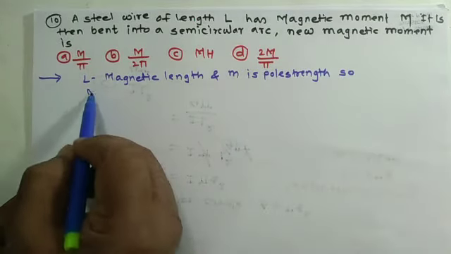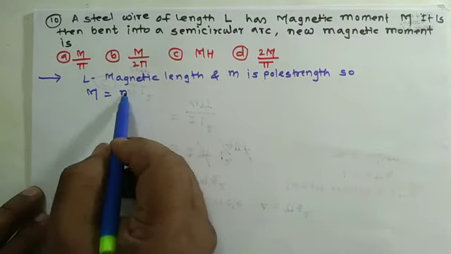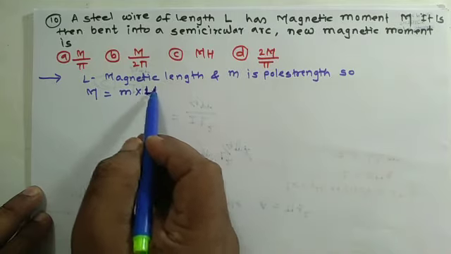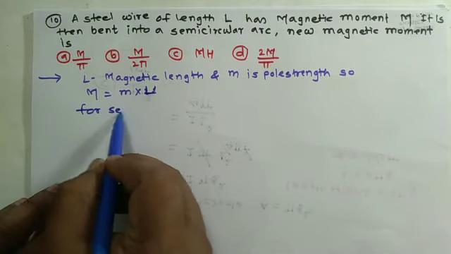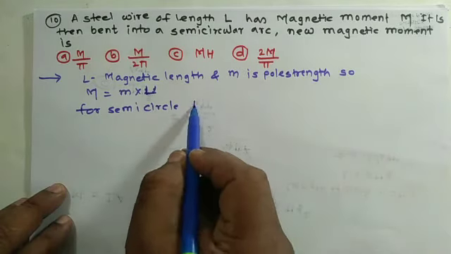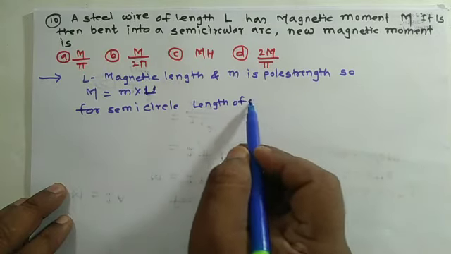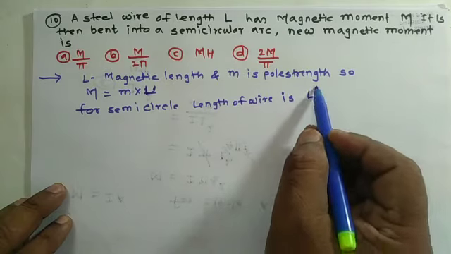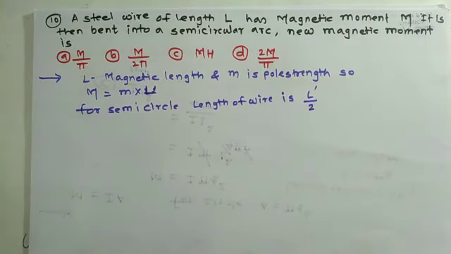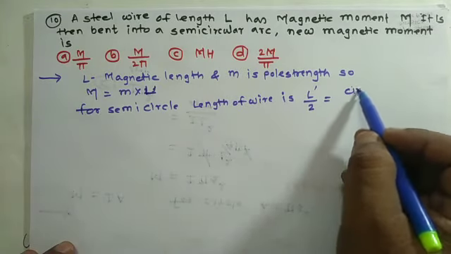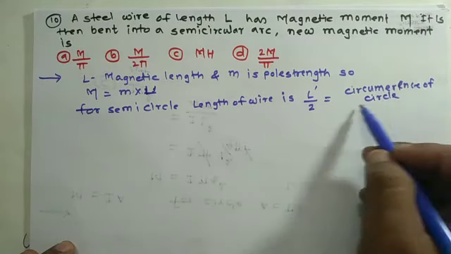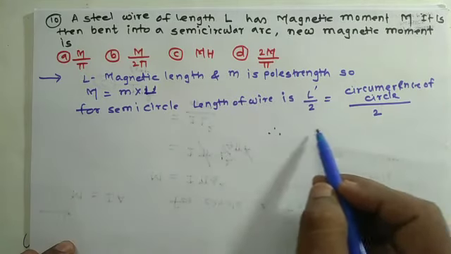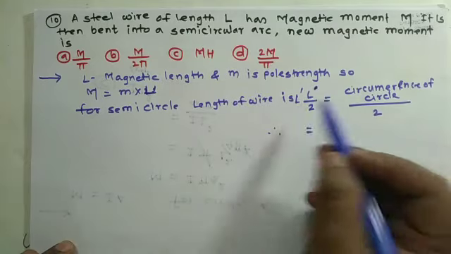So the magnetic moment for a steel wire will be M multiplied by L. But when this wire of length L is bent into a semicircle, the length of wire is L dash upon 2, because length is the circumference of the circle upon 2, or L dash equal to L upon 2.